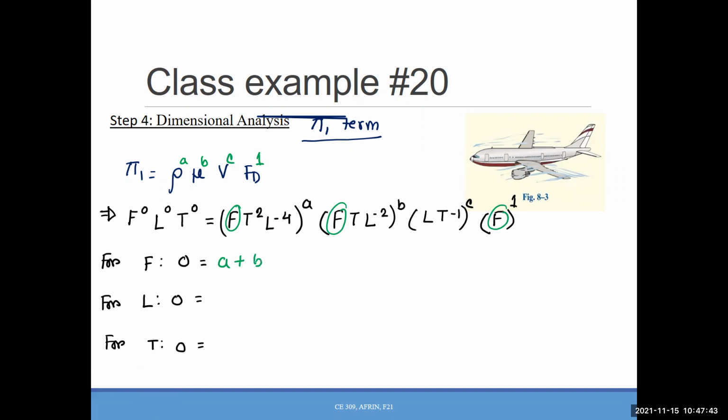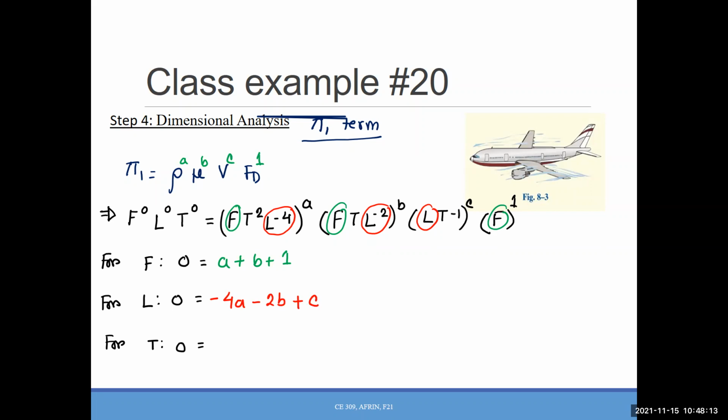So A plus B plus 1. Is that correct for F? Everyone? Okay, let's work with L. So L, we have this one, this one, this one. So minus 4A minus 2B plus C. Is that correct?